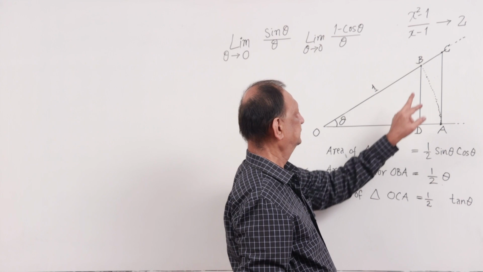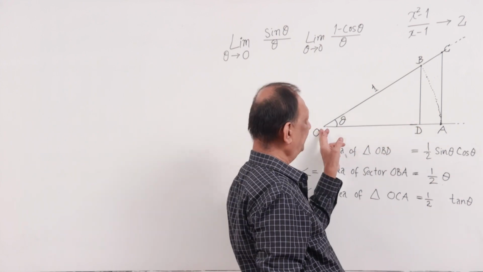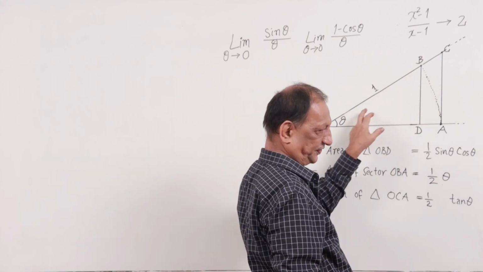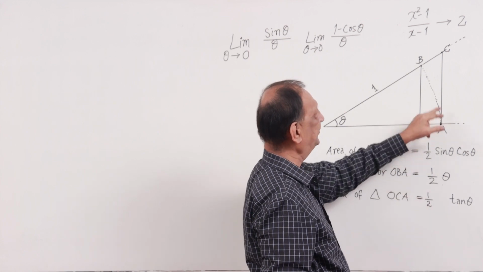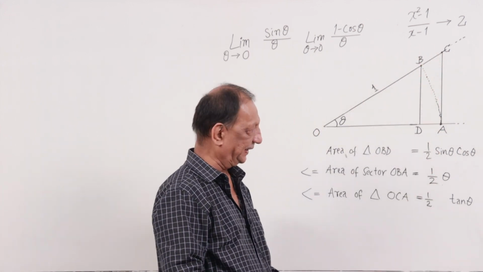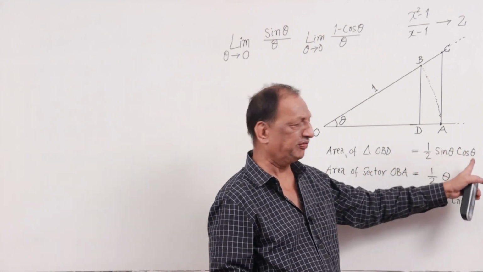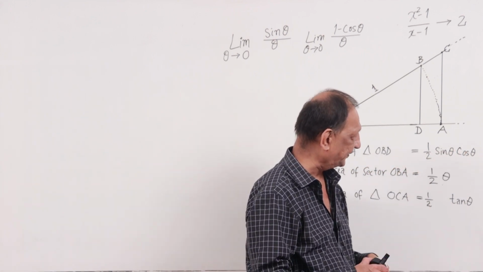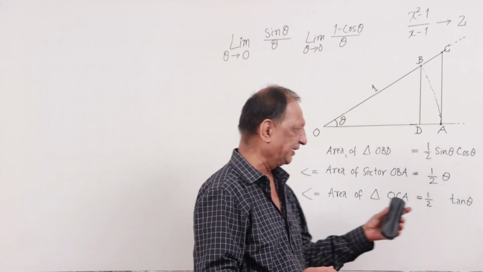Sin theta and OD is cos theta. So half of sin theta cos theta is the area of this triangle. Half theta is the area of the sector. Half tan theta is the area of the bigger triangle. Right? So I have written one inequality already. Half sin theta cos theta less than half theta less than or equal to half tan theta.